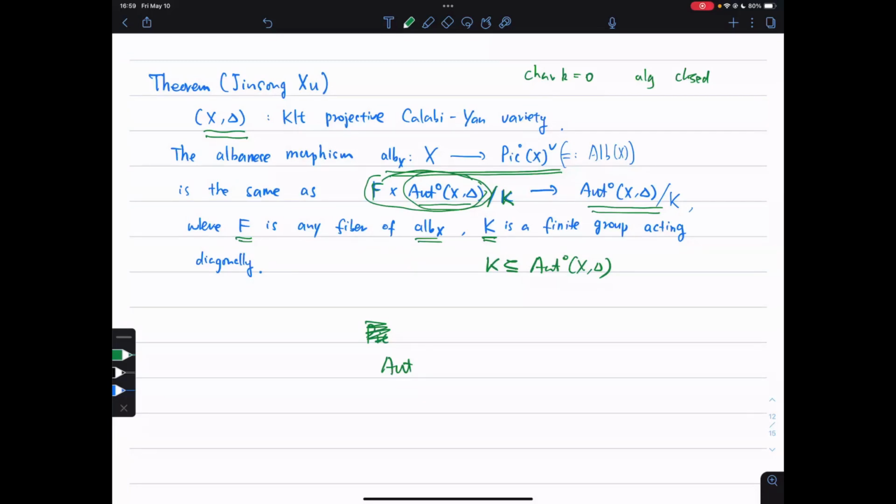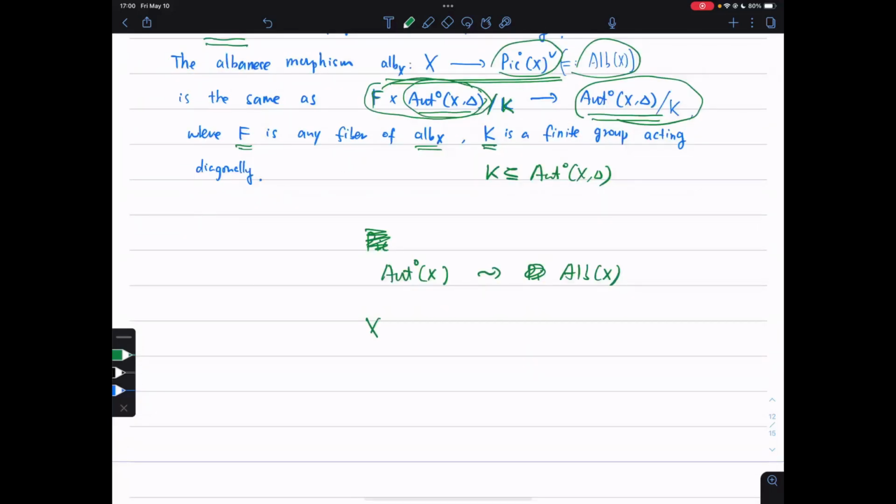What we can take from this result is the following: this automorphism group is isogenous to this Albanese variety. So they are isogenous, almost the same as Albanese varieties. Let me quickly finish this in one minute.